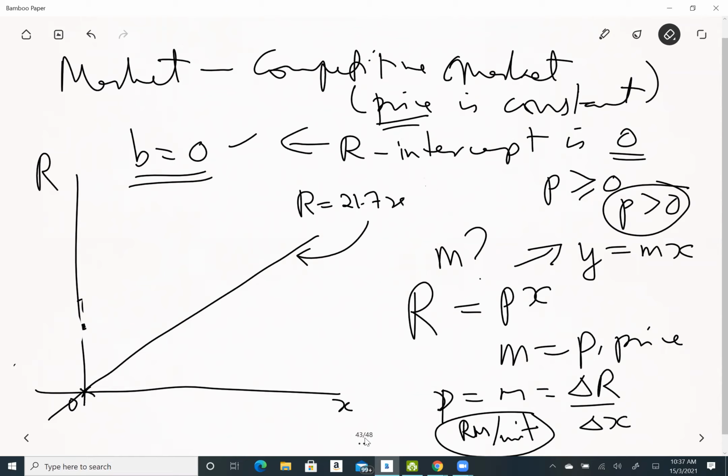So now, if I have the cost linear function, as per our discussion, then how does the cost function look like?